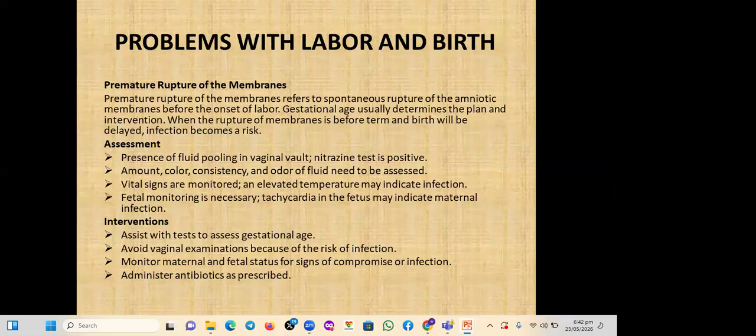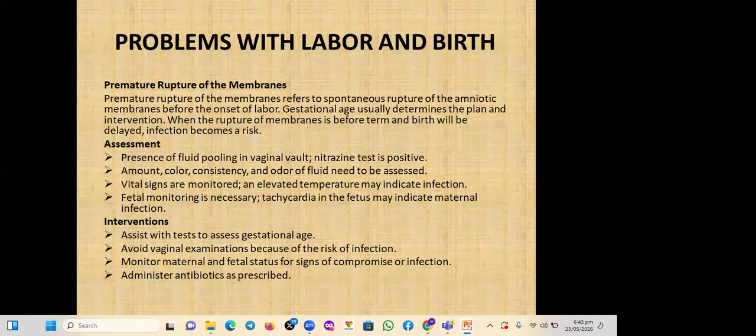Everyone here should be able to know what the nitrazine test is. The nitrazine test is done to confirm if the fluid that is in the canal or in the vagina is actually amniotic fluid.